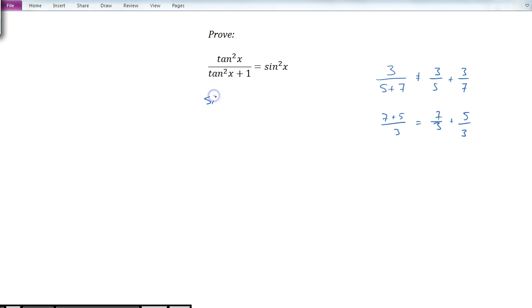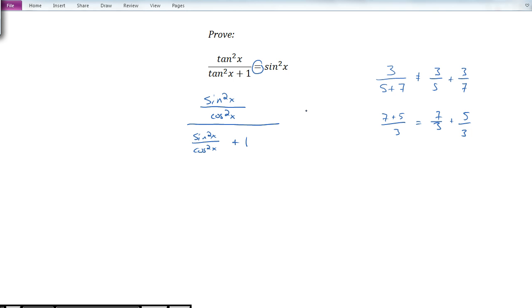So sine squared x over cosine squared x. That's equivalent to tangent squared x. So I'm going to change that into sine squared x over cosine squared x down here too.